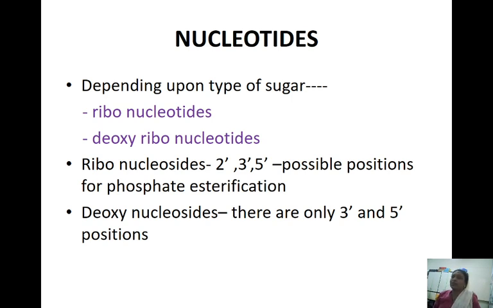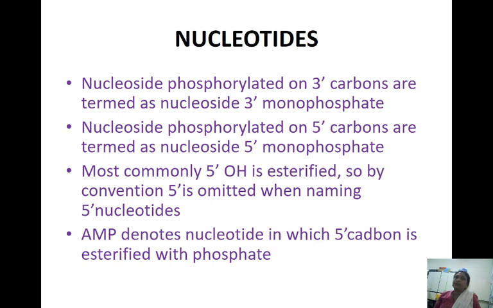In case of ribonucleosides, the possible positions for phosphate esterification are 2 prime, 3 prime and 5 prime, because that is where the OH groups are present. In case of deoxynucleosides, there are only two possible positions for esterification, that is 3 prime and 5 prime.